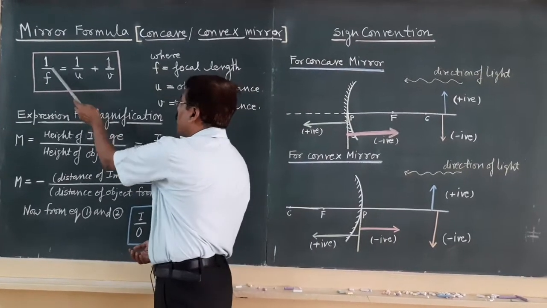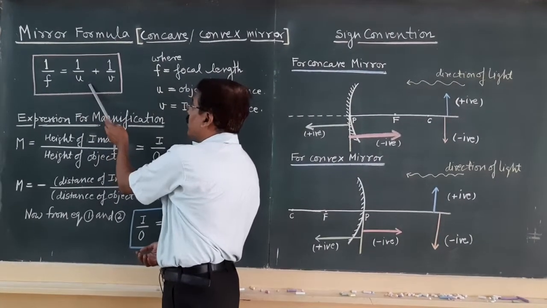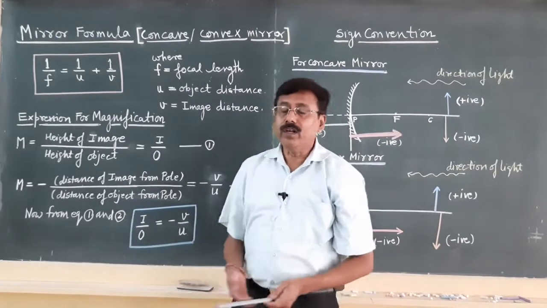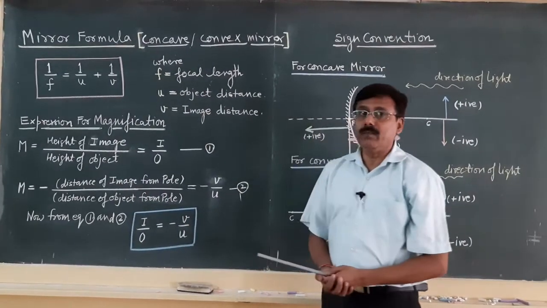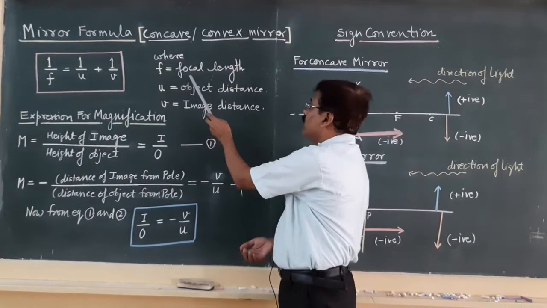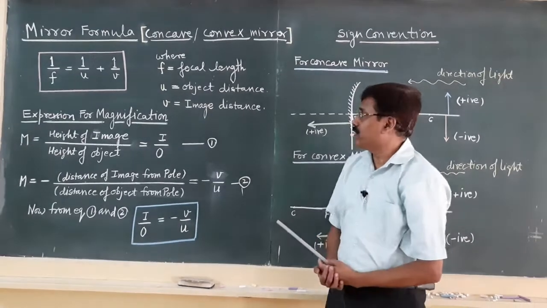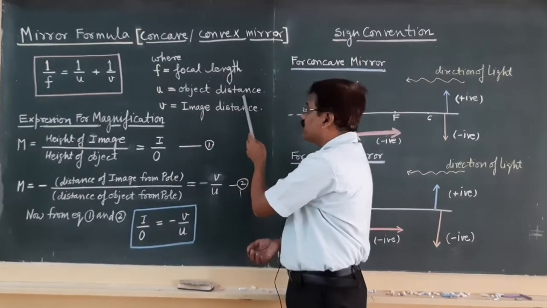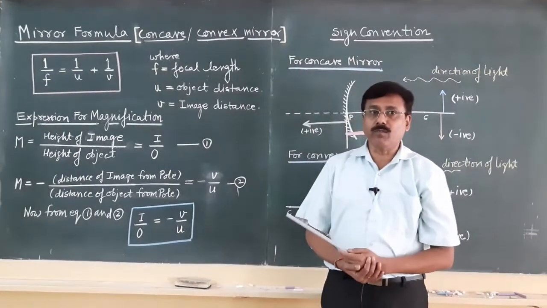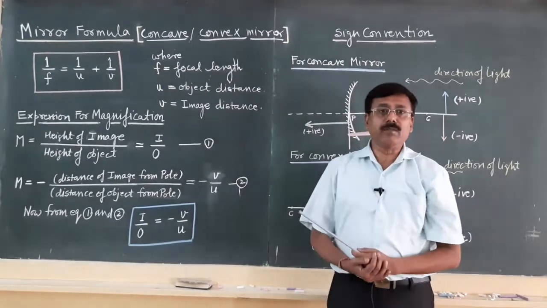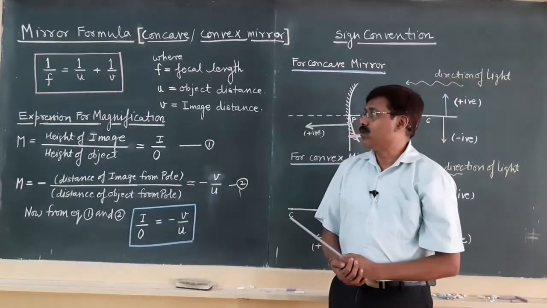It is 1 by f is equal to 1 by u plus 1 by v, where the terms have their usual meaning. That is, f stands for focal length of the mirror, may be concave, may be convex, u the object distance, distance of the object from the pole, v image distance, distance of the image formed from the pole.